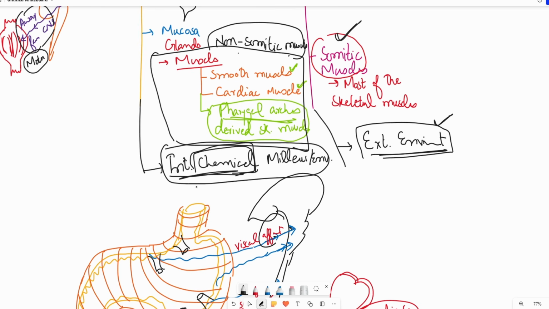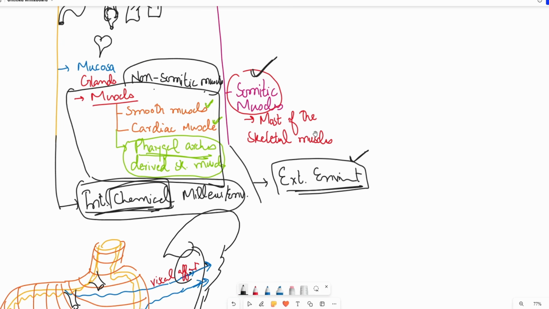And if a pathogen or a parasite is causing an inflammation deep inside my GIT and irritating the mucosa of the GIT, it will produce visceral pain, diffuse visceral pain, which will be taken up by the visceral nerve fibers. So the internal chemical environment is sensed by visceral nerve fibers, and the external environment is sensed by somatic nerve fibers. This is what is typical. Of course, there may be certain exceptions as well that I will talk about later in this lecture series.